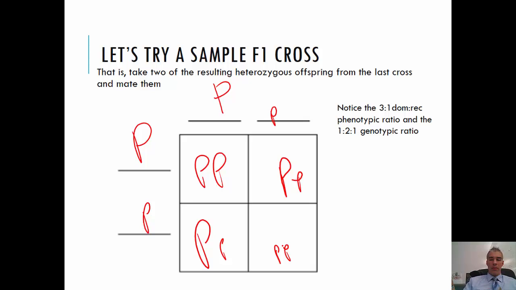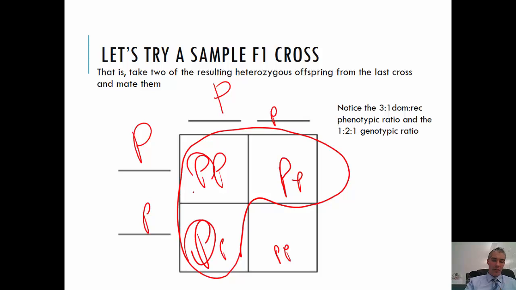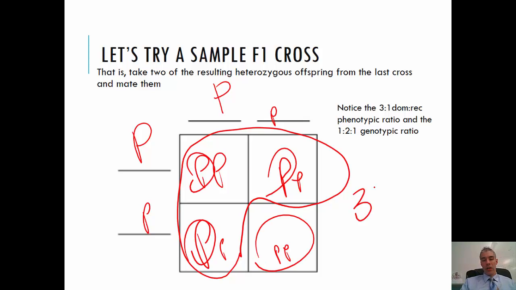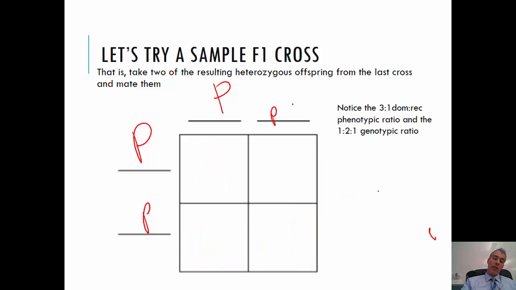This results in a 3-to-1 ratio of dominant, because each of these shows the dominant trait because they all have big P's, to 1 recessive, or a 3-to-1 ratio of purple to white. Okay? So that is showing you why Mendel's results occurred using a Punnett square.